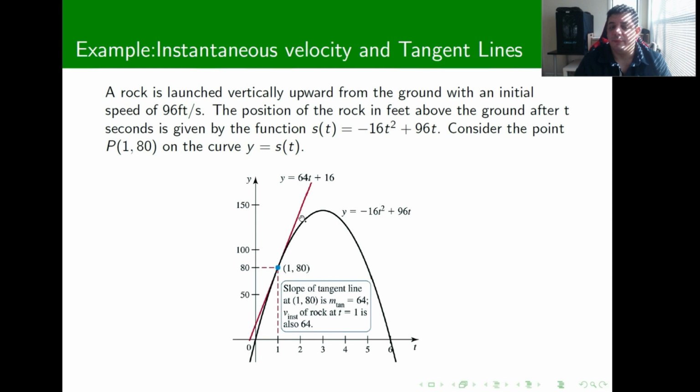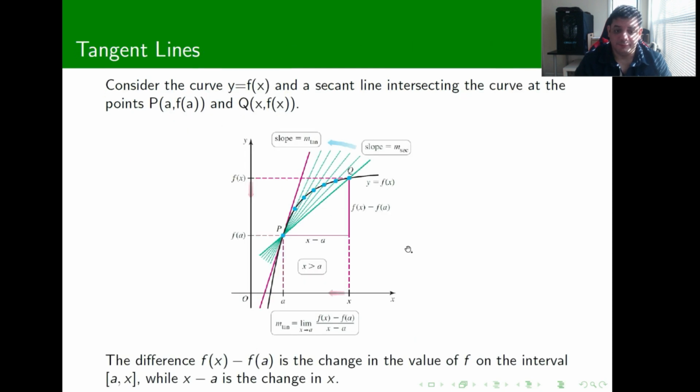Well, you can take the point that you're using and another point directly on the tangent line to calculate the slope, using the equation of the slope. But it would be nice if we could use the function itself to calculate the slope of the tangent line.